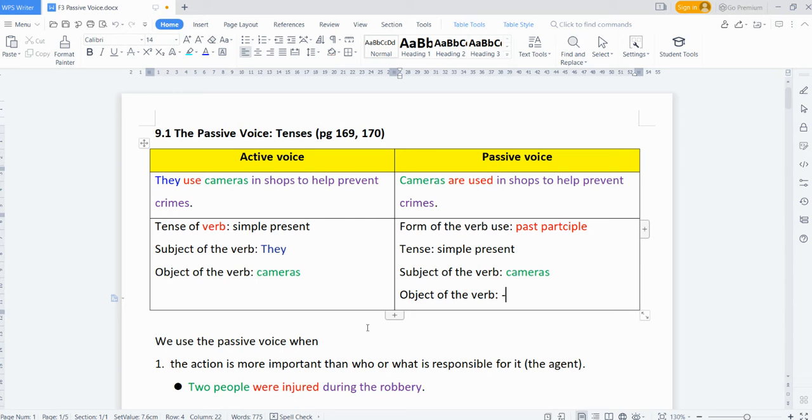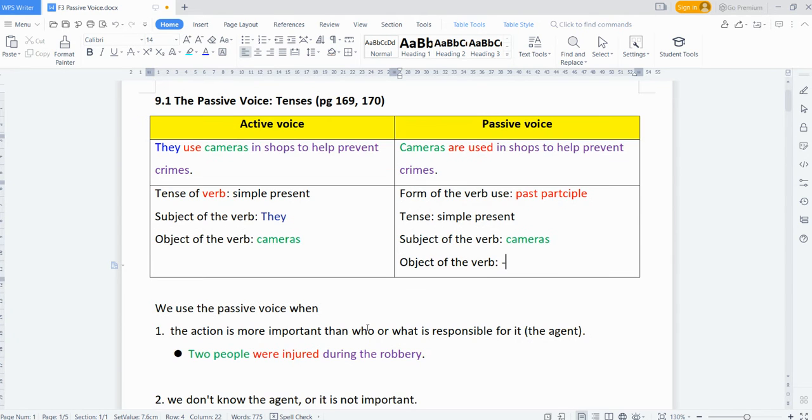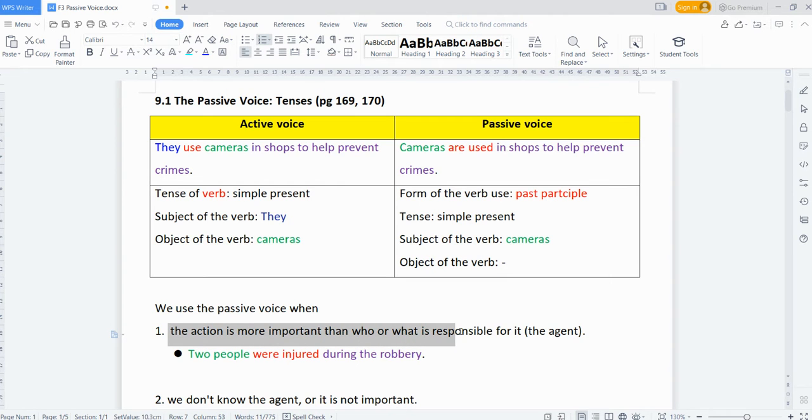Okay, when do we use passive voice? We use the passive voice when the action is more important than who or what is responsible for it, or the agent. For example, two people were injured during the robbery.